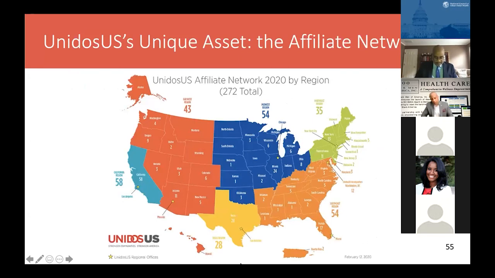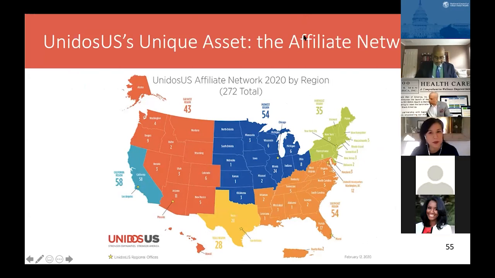The next slide shows a map of our Unidos US affiliate network. They are at the heart of our work. They're community-based organizations, community health centers, charter schools, community development organizations, and the like. Our affiliates have really been essential in providing emergency response to the Latino community from the very beginning of the pandemic, often adding new services so they can meet the mounting health, food, housing, and educational needs.